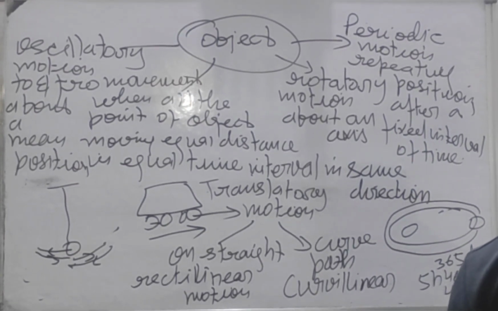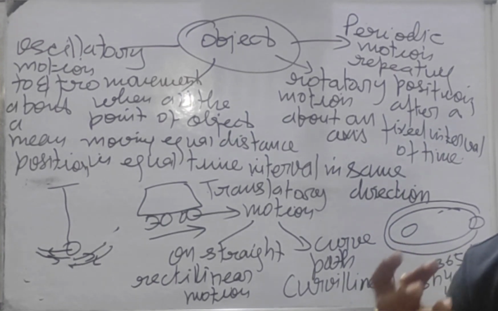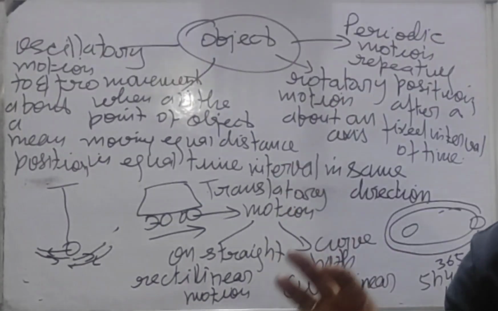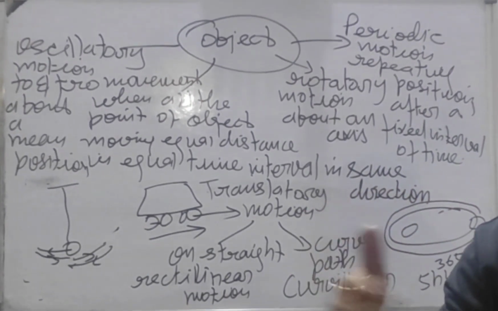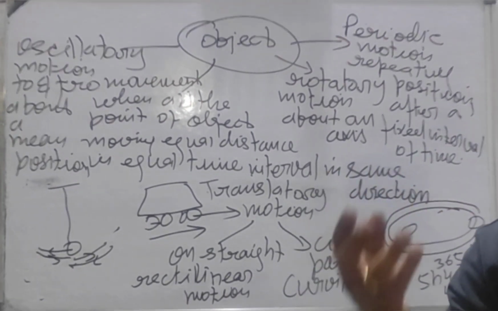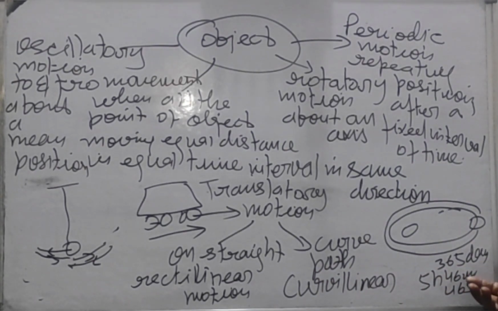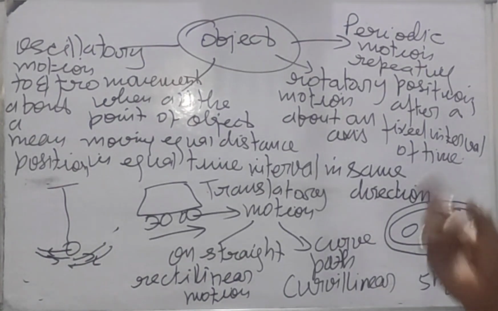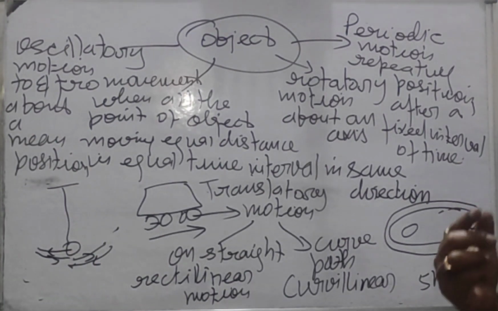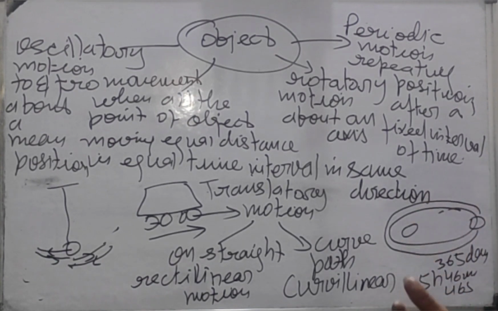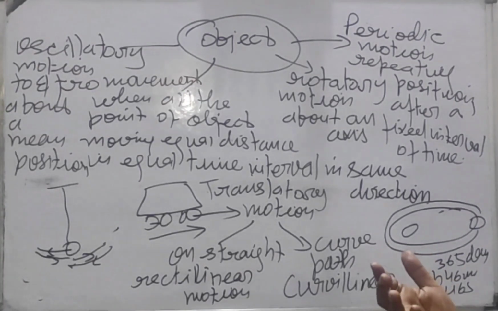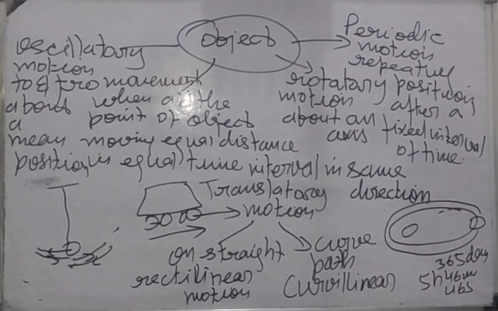Like Earth is taking 365 days, 5 hours, 46 minutes and 46 seconds to go around the sun. But on its axis, it takes 24 hours. Right? So that is the difference in Moon and Earth.